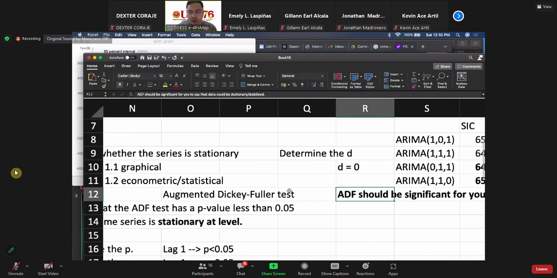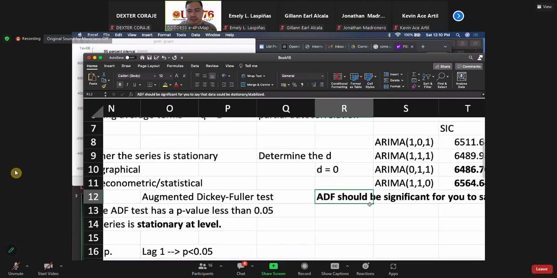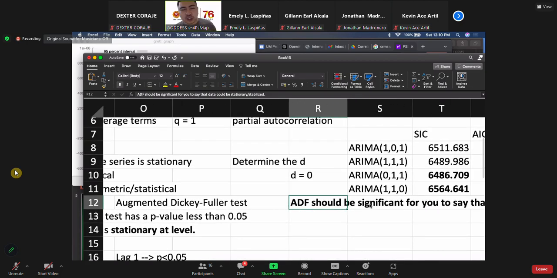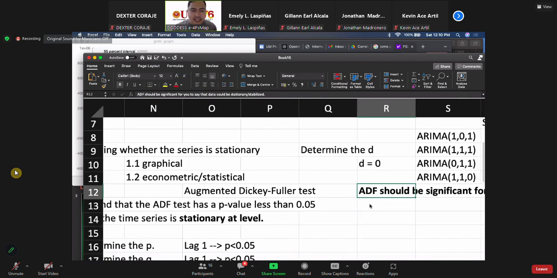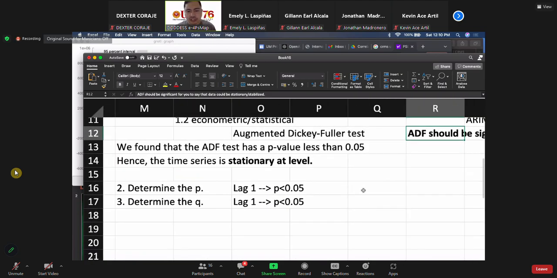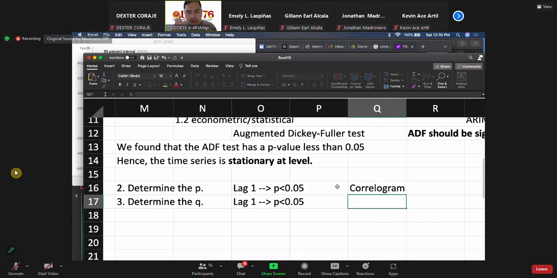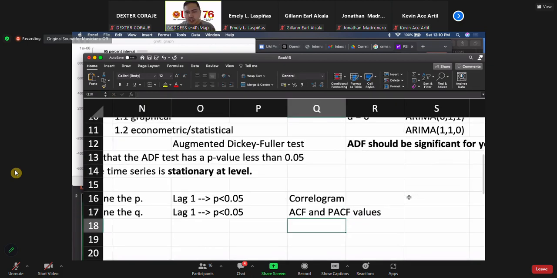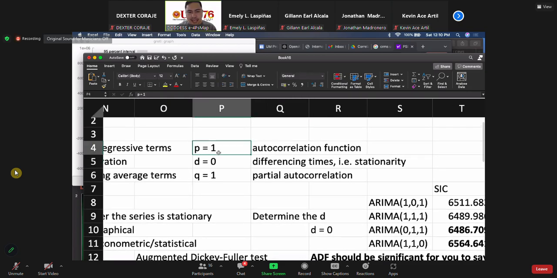Now, when you determine the number of differencing, or the value of your D, that's the time you establish the P and the Q using the correlogram statistics. Correlogram gives you the ACF and PACF values, which represent the P and the Q.